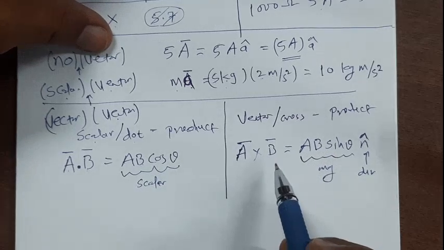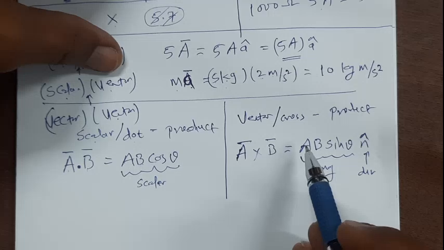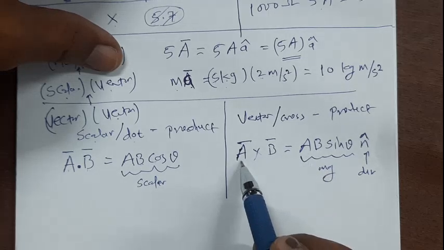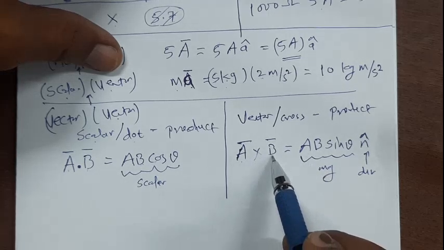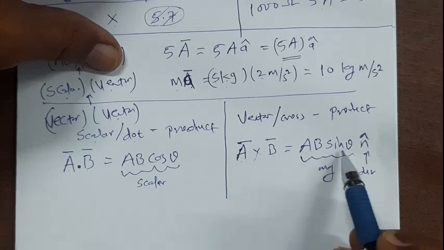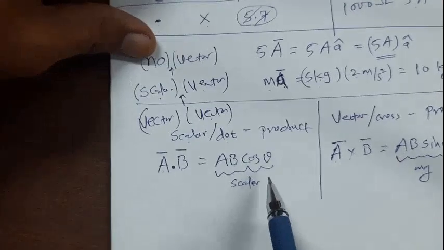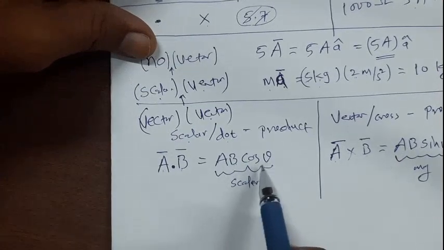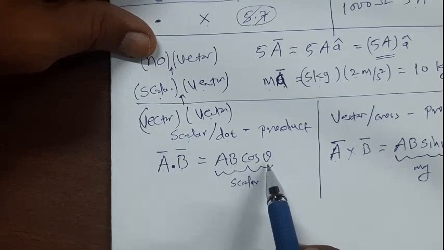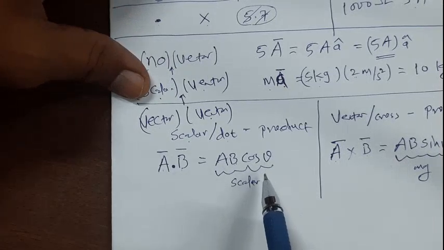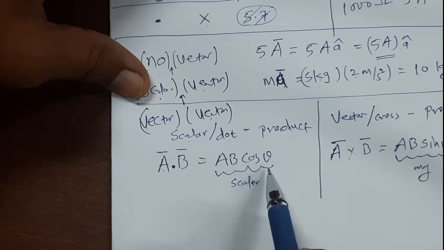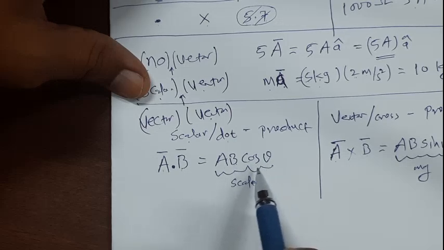Here we have defined the vector product A bar vector product B bar as A B sine theta. Theta is the angle between A bar and B bar. Here also, as in the scalar product, theta is the angle, not cos theta. While defining the dot product, I mentioned that cos theta is the angle, but cos theta is not the angle.